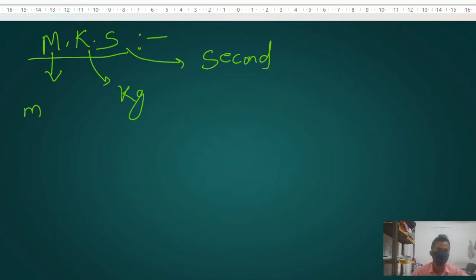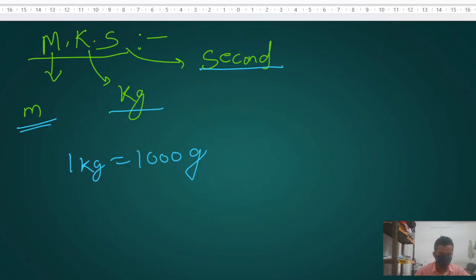Okay, meter is a unit which is used to measure the fundamental quantity which is length, and kg is used to measure mass, and second is also used for time. So you can write here 1 kg is equal to 1000 gram also.